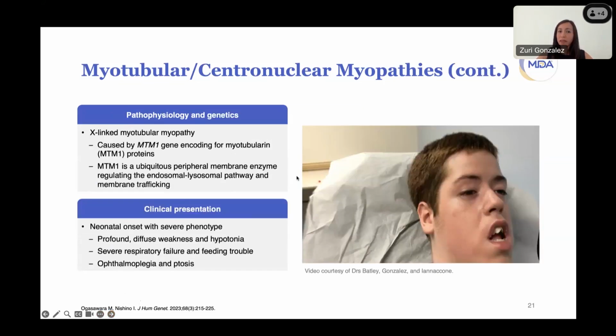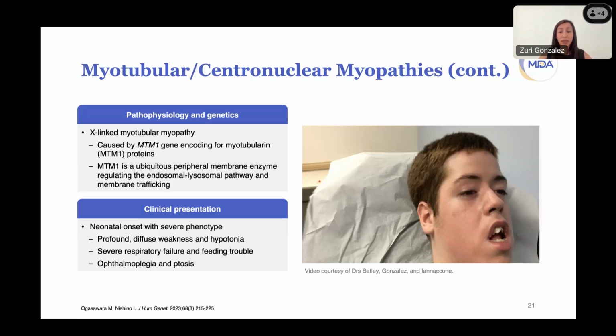We're going to just briefly mention X-linked myotubular myopathy, which is the severe phenotype within this group. Again, it is caused by changes in the MTM1 gene that encodes for the myotubularin protein. This protein is the one that is going to regulate the endosomal lysosomal pathway and the membrane trafficking. As I mentioned, these patients have a severe phenotype.